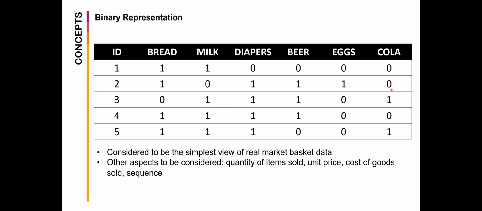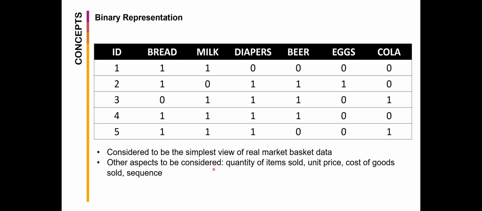This is binary representation, so we are simply looking at the existence of these items per transaction. We don't classify whether there's 2 pieces of bread or 5 boxes of milk. No, we're not considering that. As long as there's bread and milk, we tick 1 on each of these cells. So this is the simplest view of real market basket data.